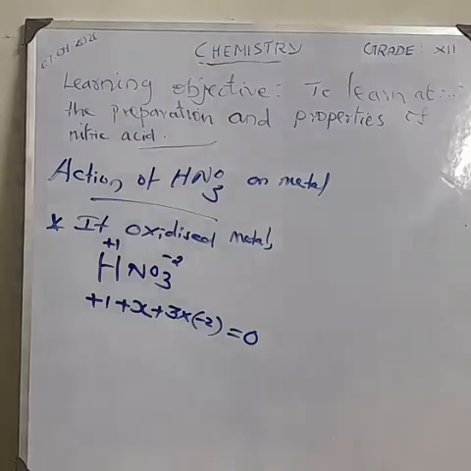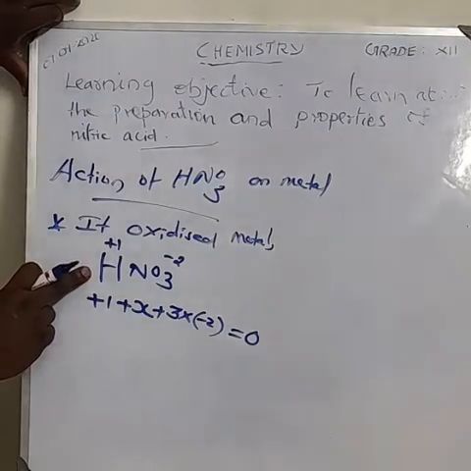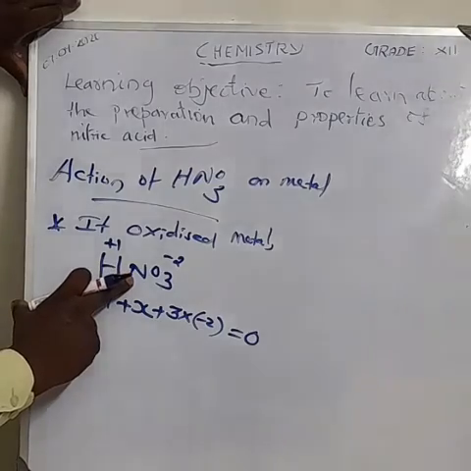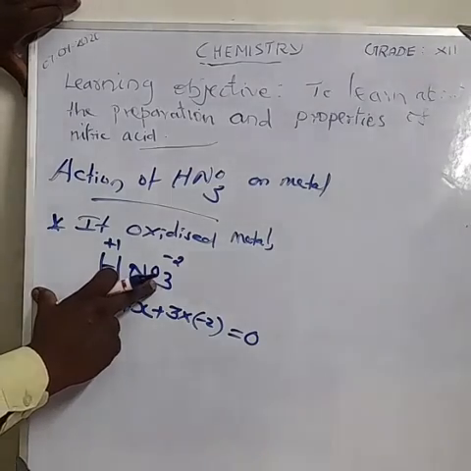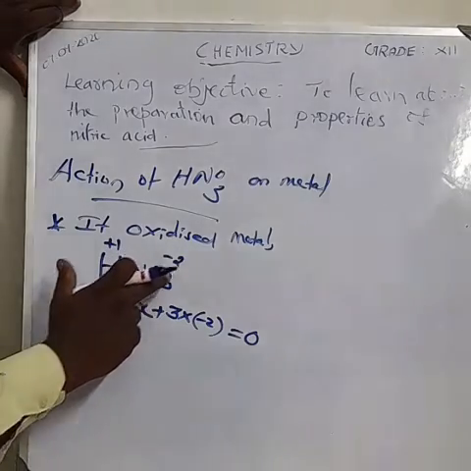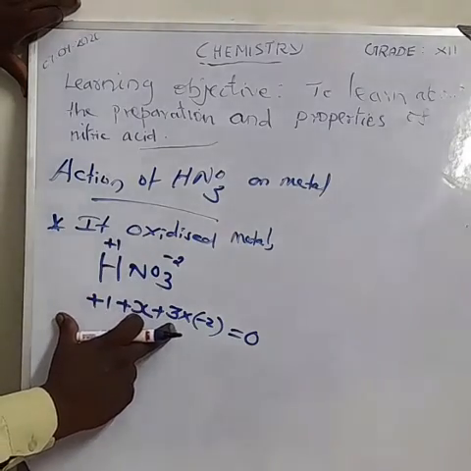Suppose it has a charge, then we give that charge there. Okay, you understand? First we take +1 for hydrogen. Nitrogen is taken as X and each oxygen has -2. Here having 3 oxygens, so 3 into -2.